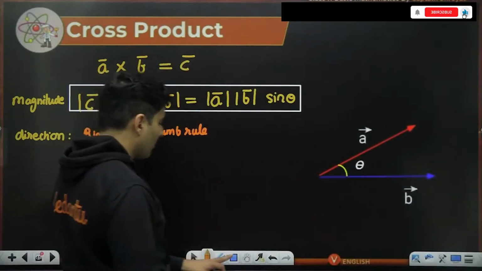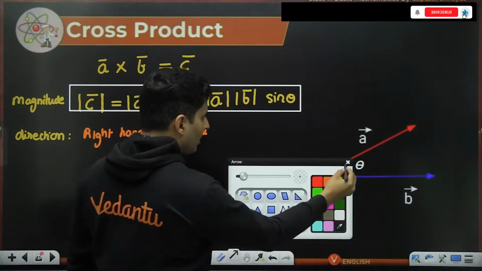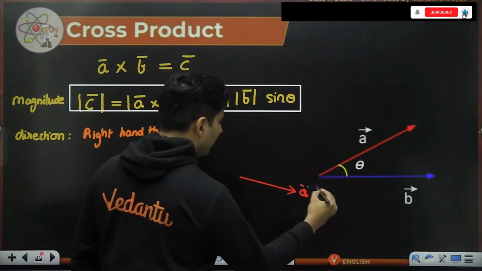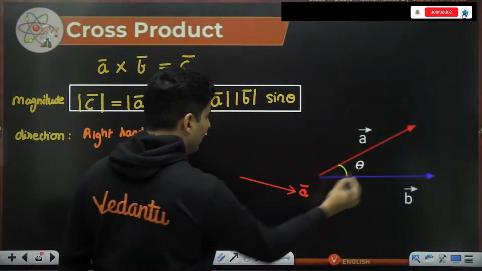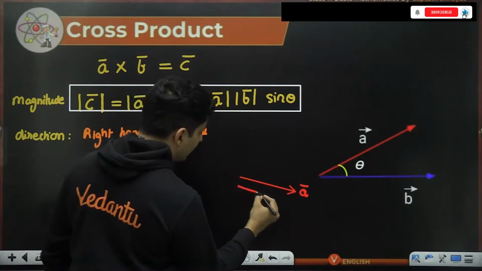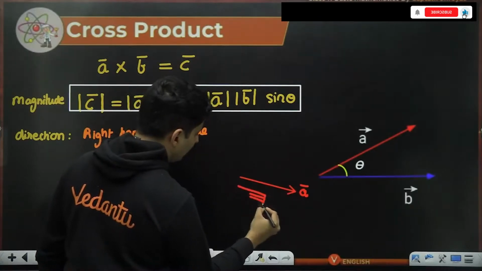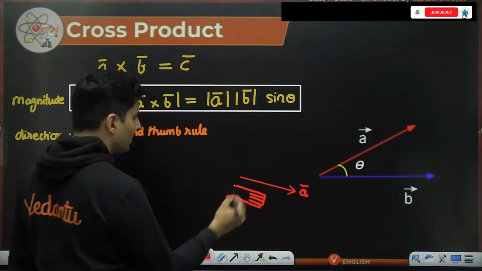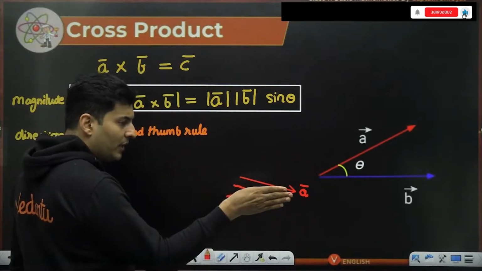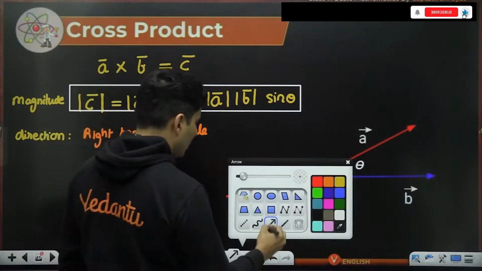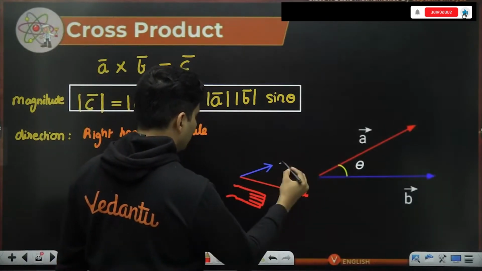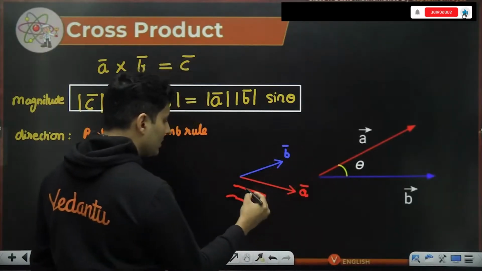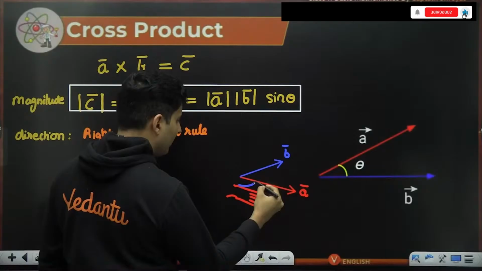So let's say my first vector is A, it is over here. The fingers of my right hand should point exactly in that direction. Okay, this is my right hand. I'm showing like this. Slowly bend the four fingers towards the B vector. So maybe that B vector is over here. These fingers will slowly bend like this.